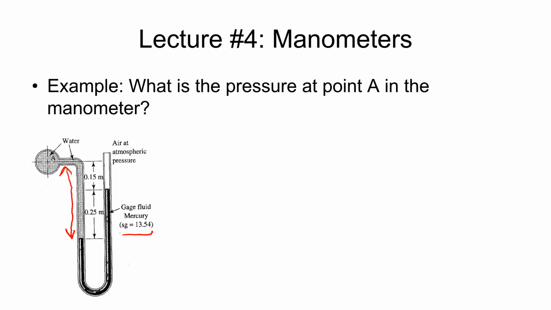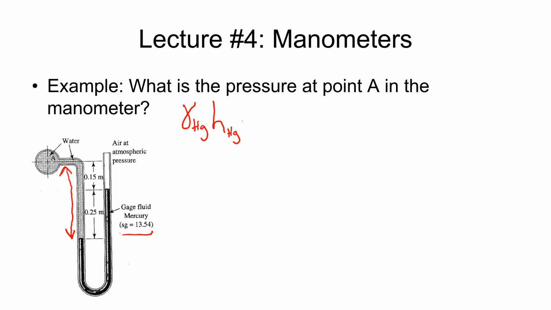So in our pattern, we said we wanted to start with the open end and then work our way around to the closed end on these open manometers. So if that's the case, I want to write it out in terms of my expressions of pressure. For the mercury on the open side, I'm going to say that my specific weight of the mercury, gamma sub Hg, times my height of the mercury, H sub Hg, and I'm using Hg here because that's the periodic abbreviation for mercury.